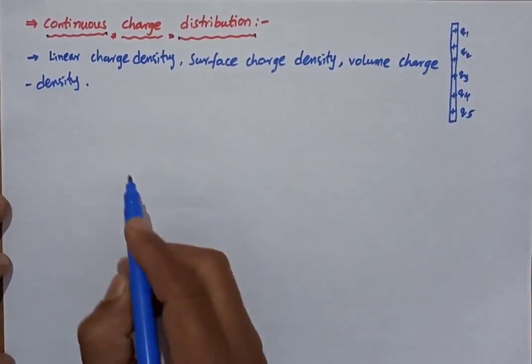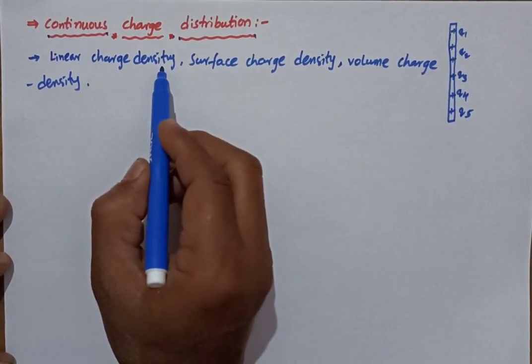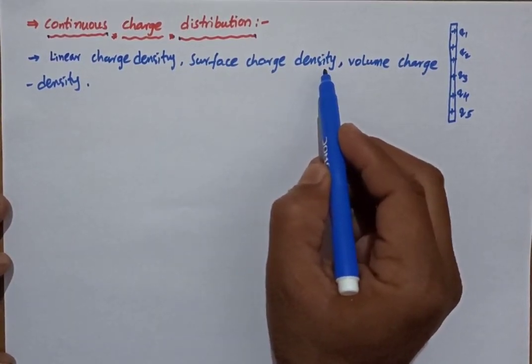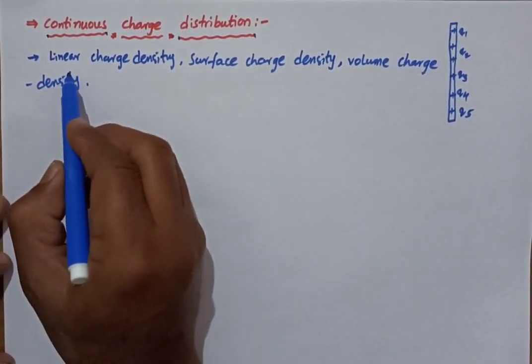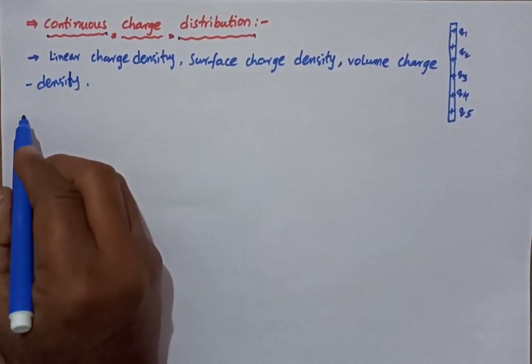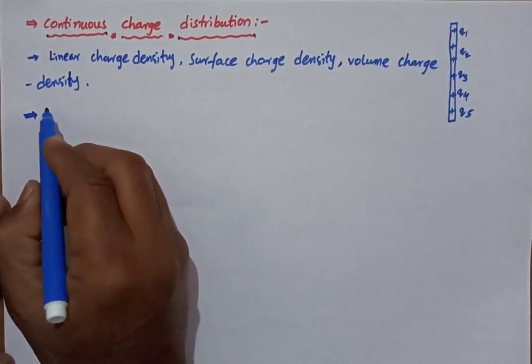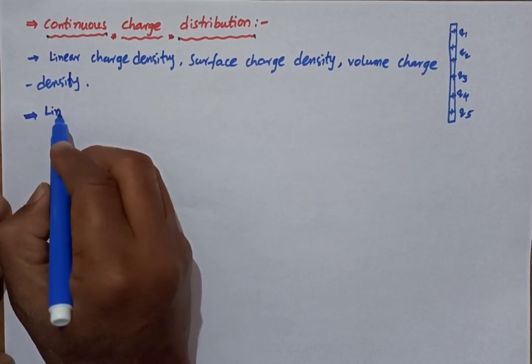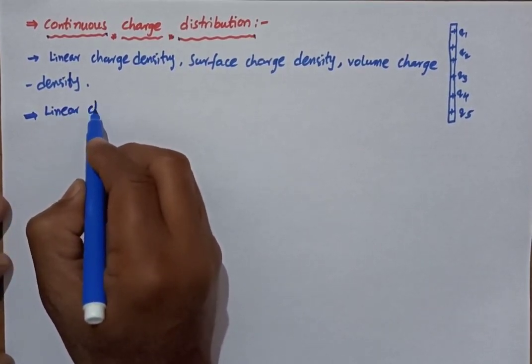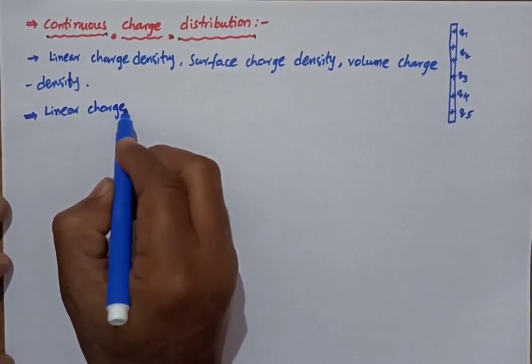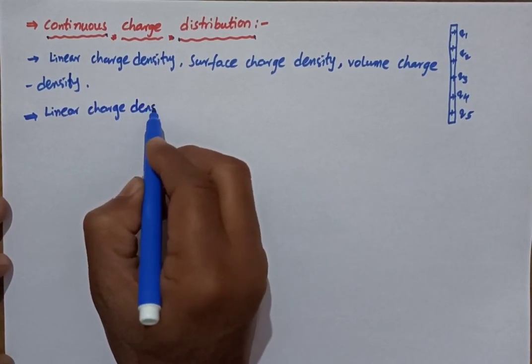Okay, here linear charge density, surface charge density, volume charge density. First of all we consider linear charge density.